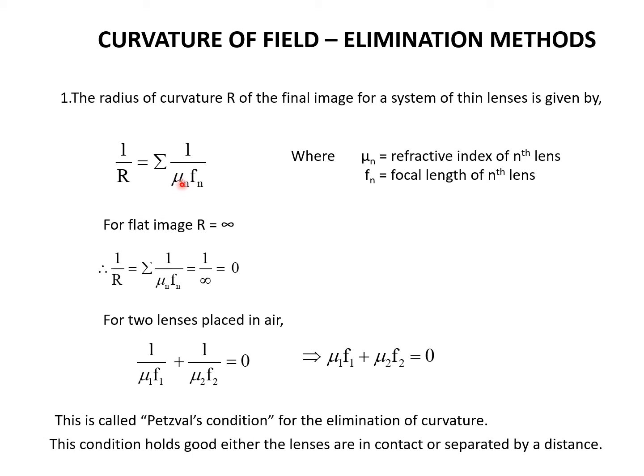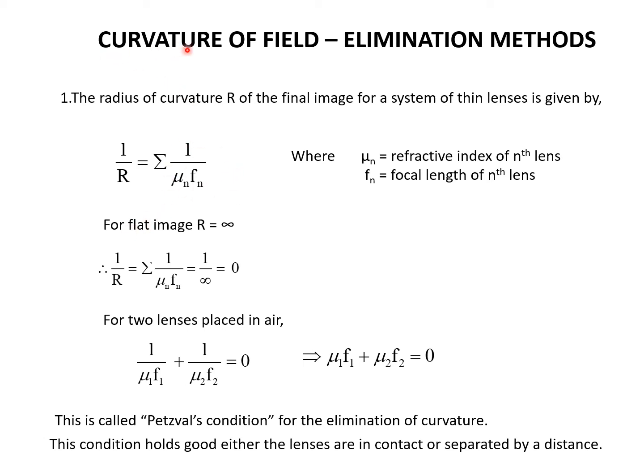Here mu is the refractive index of the nth lens and fn is the focal length of the nth lens. So 1 by mu1 f1 plus 1 by mu2 f2 plus 1 by mu3 f3 and so on, plus 1 by mu n fn. That is the meaning of this equation.